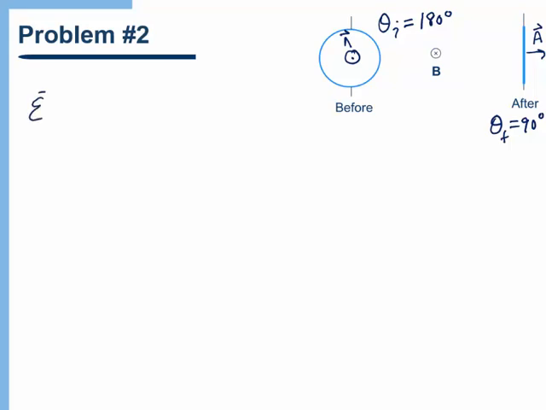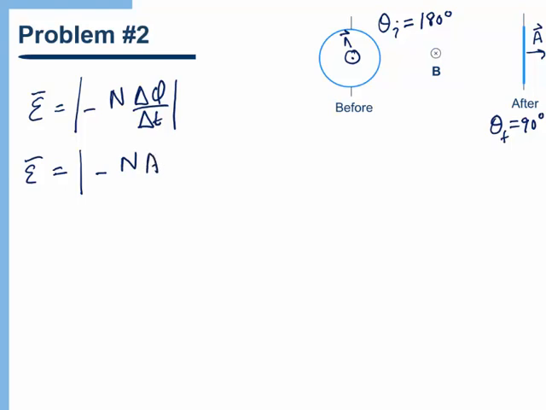Again, the induced EMF is just going to be the absolute value of N delta phi over delta T. And now as I write that out, I'm going to take the N. I'm also going to keep the area and the magnetic field out in front because those aren't changing.